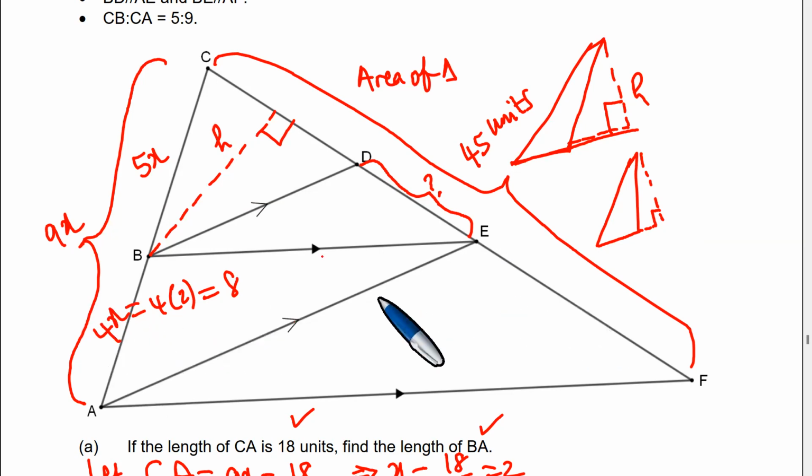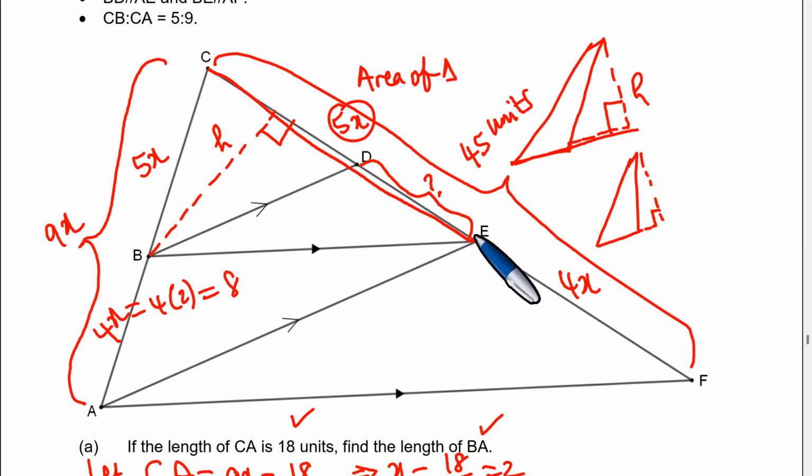So because this is parallel to this, this is also 4x. And by similarity, with the parallel lines, this one here is going to become 5x, the 5x from here to there, because these are parallel. Now you have exactly that one.